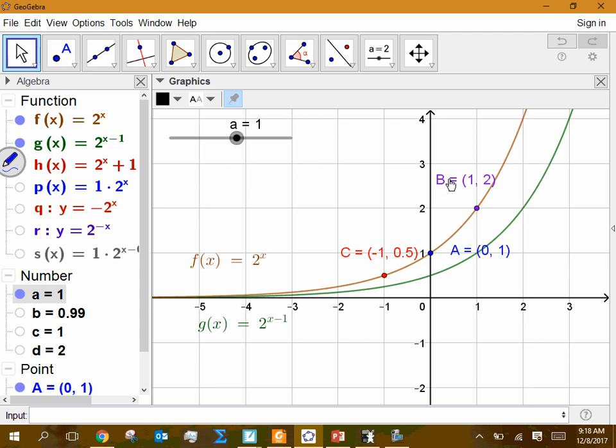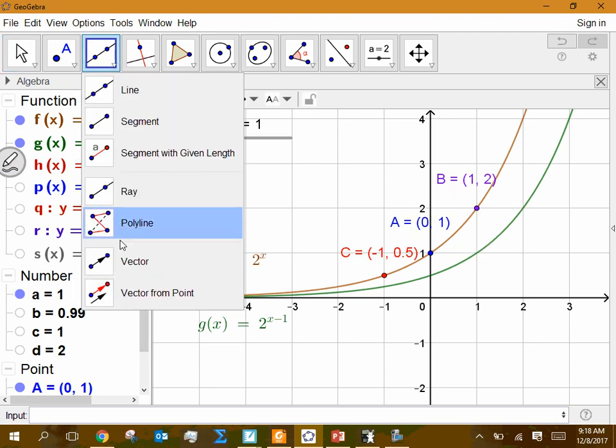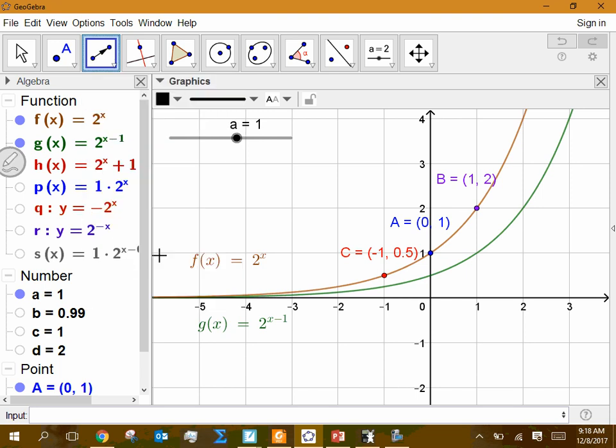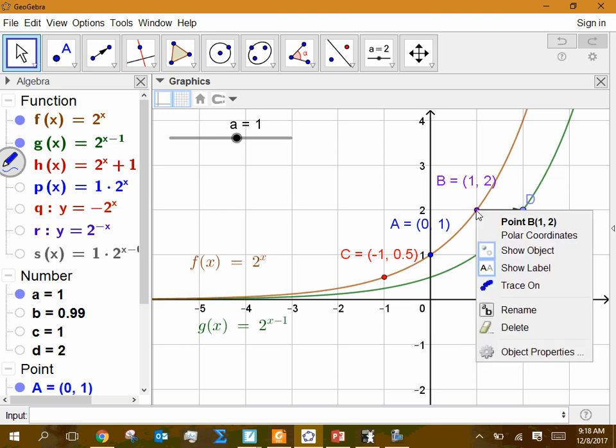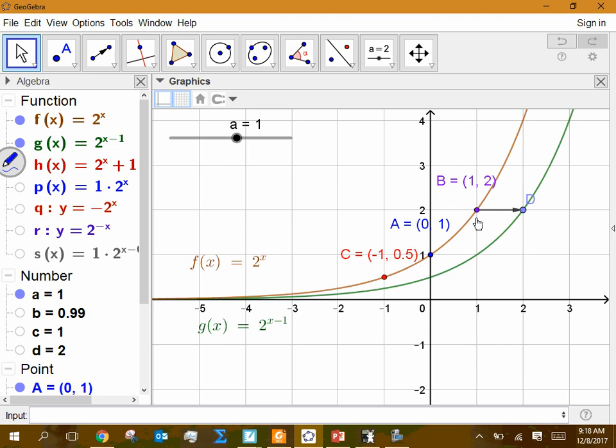Okay. So my hope is that you can see that this entire curve, that point got moved 1 unit to the right.